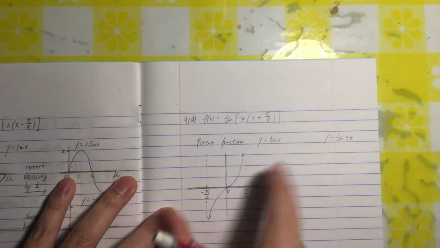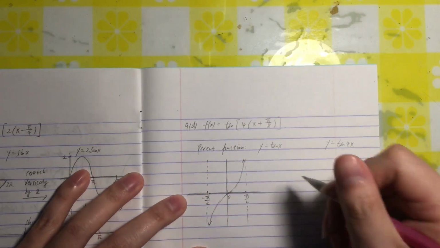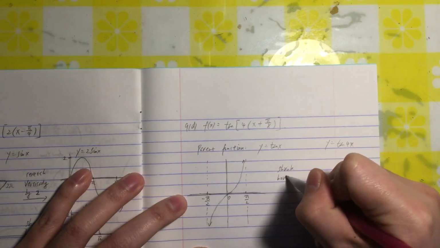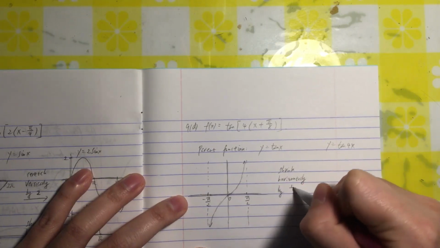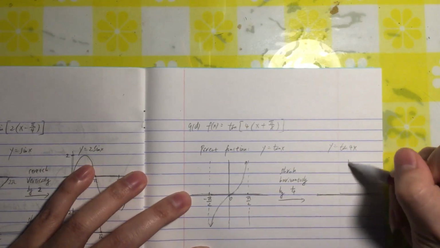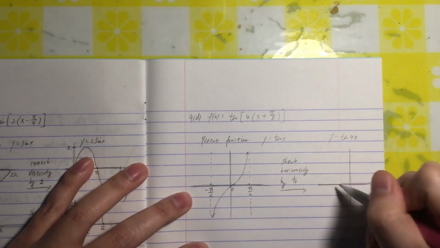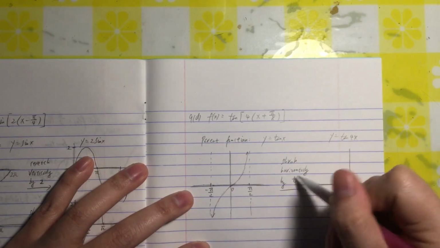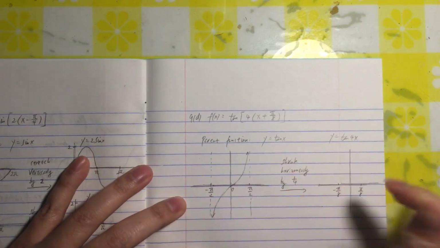So we shrink the graph horizontally by a factor of 1 over 4. The graph looks like this. If I shrink horizontally by 1 over 4, negative pi over 2 times 1 over 4 is negative pi over 8. Pi over 2 times 1 over 4 is pi over 8. That's how the graph looks.